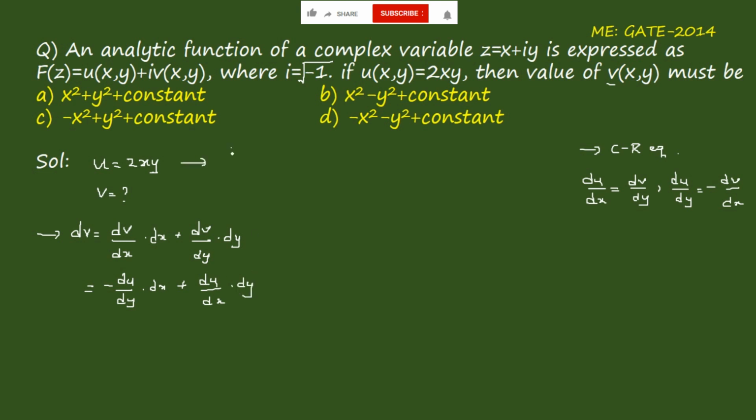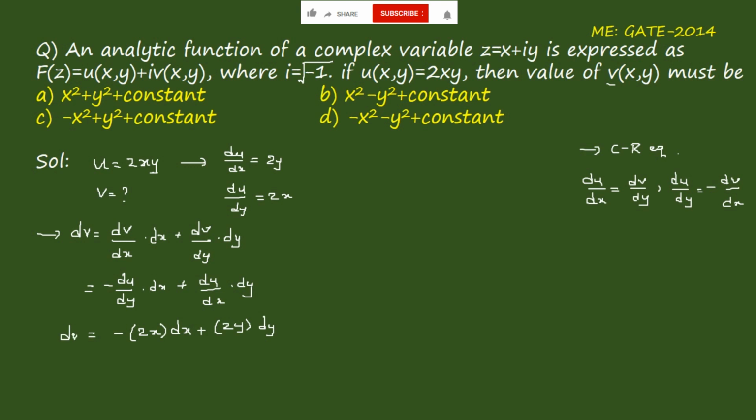So we'll be finding the value of du by dx, which is just differentiating this one with respect to x, it becomes 2y, and du by dy is equal to 2x. So we get minus of 2x into dx plus 2y into dy, which is nothing but dv.